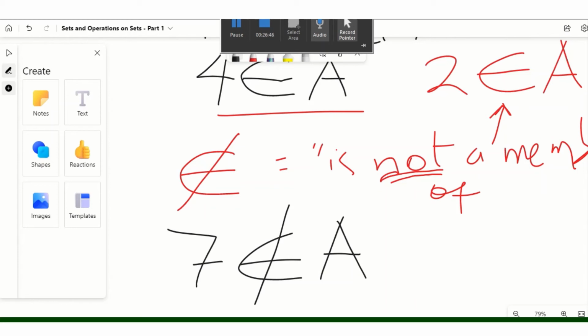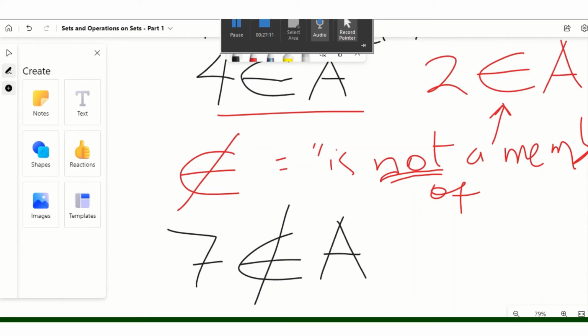Now, there's another notation I would like us to take note of. So far we've talked about presenting sets with capitals. We've talked about describing the members or elements of the set using a curly bracket.